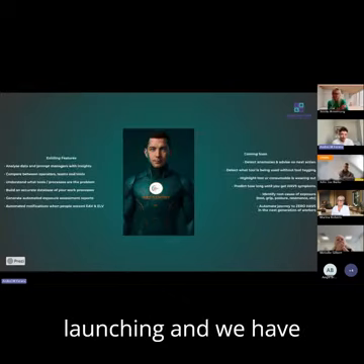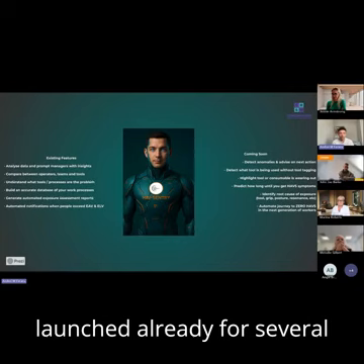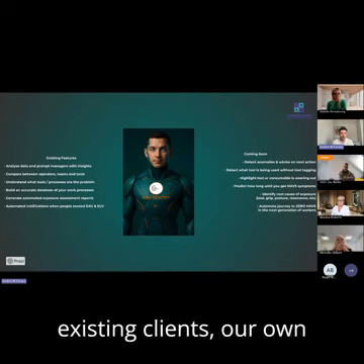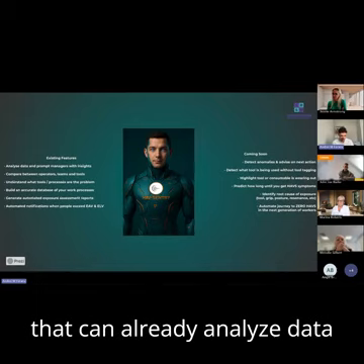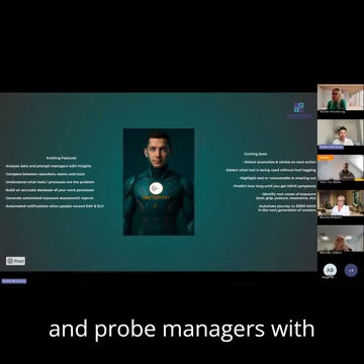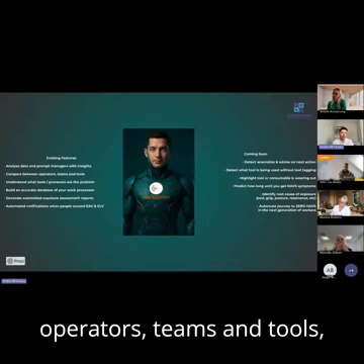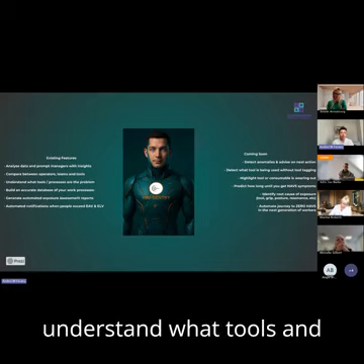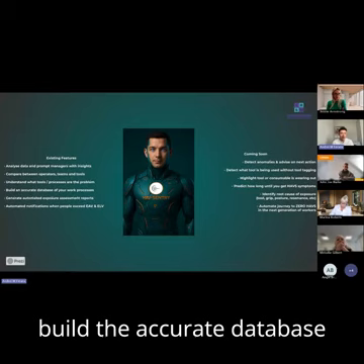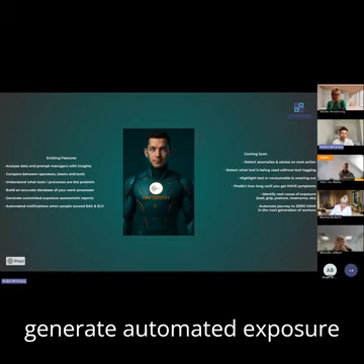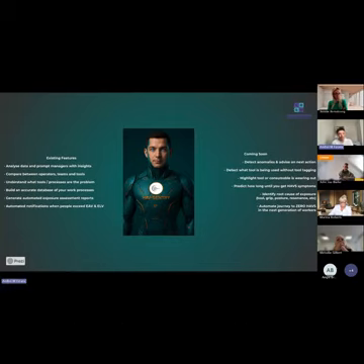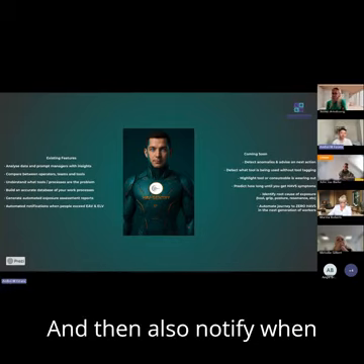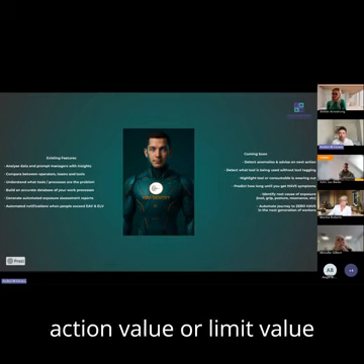So we're launching, and we have launched already for several months quietly with our existing clients, our own AI agent that can already analyze data and prompt managers with insights, compare between operators, teams, and tools, understand what tools and processes are the problem, build the accurate database for your work processes, and generate automated exposure reports, assessments, and also notify when people reach the exposure action value or limit value, so you can take immediate action.